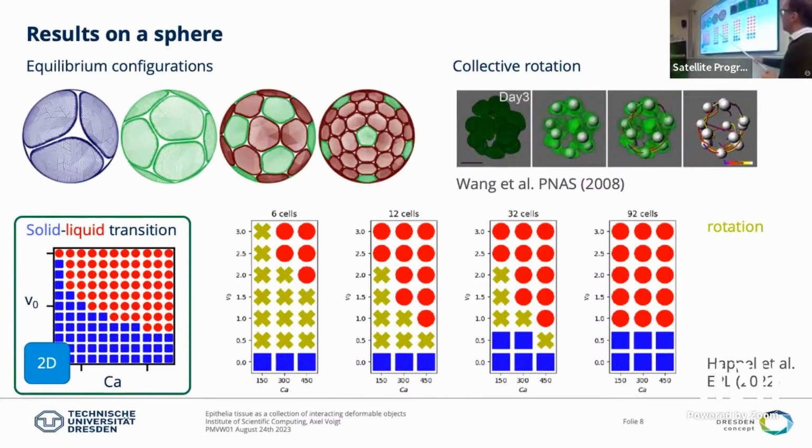This gets lost if there are more and more cells, but at least for small numbers of cells, one finds this also in embryos, where one has this collective rotation. So that's a new thing where curvature and topology come into play.